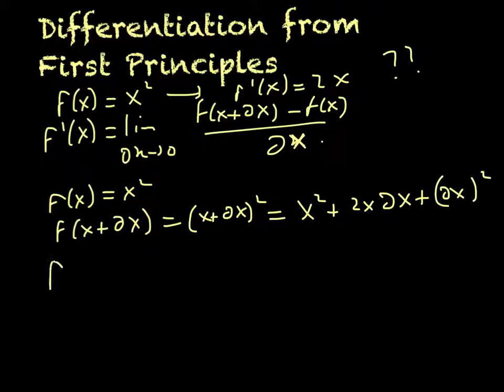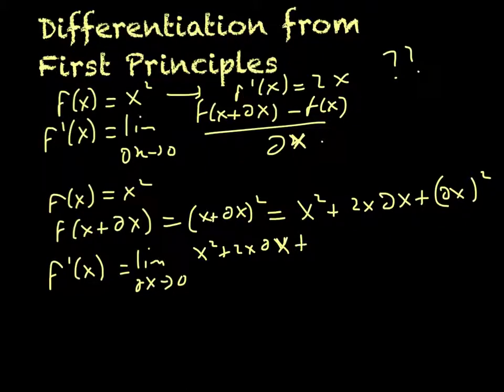If I then put this into f dash of x, we've got all our ingredients for our recipe, and we're now just putting it all into this formula. So we have f of x plus delta x is x squared plus 2x delta x plus delta x all squared. Subtract our f of x, which is x squared, all over delta x.